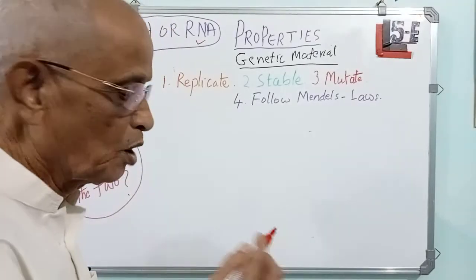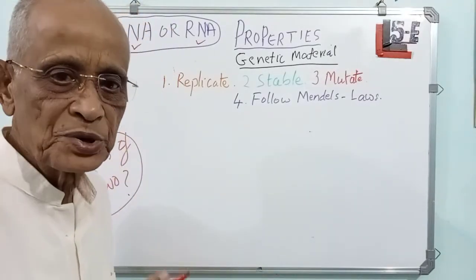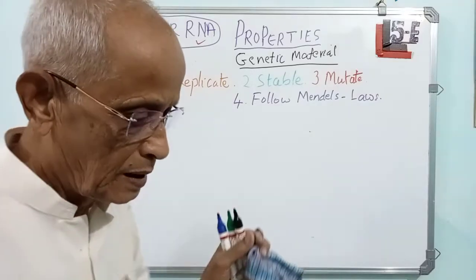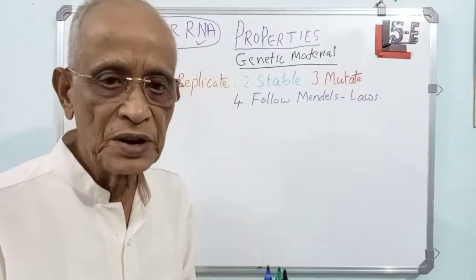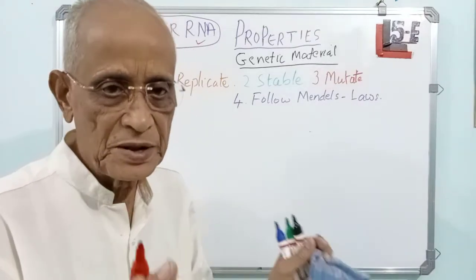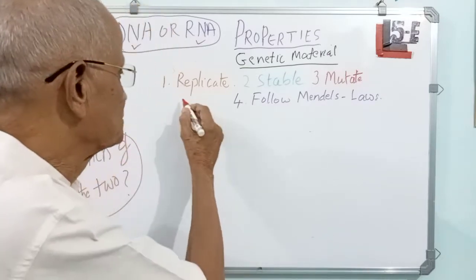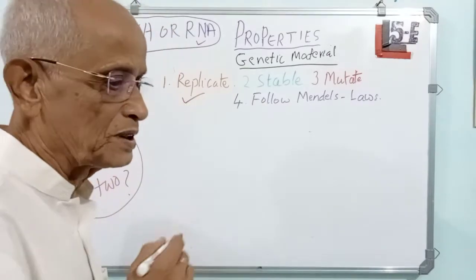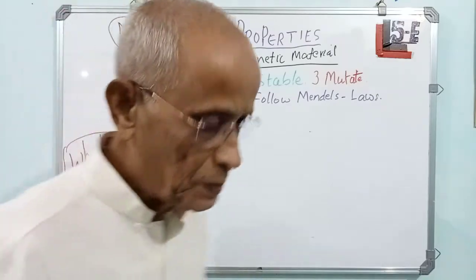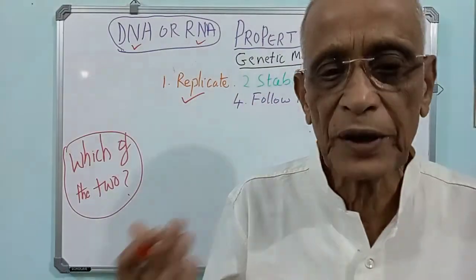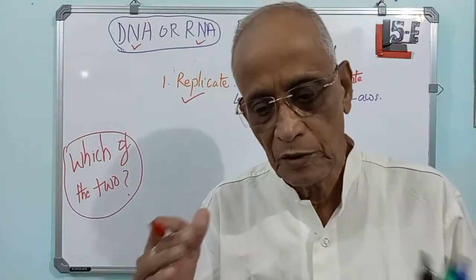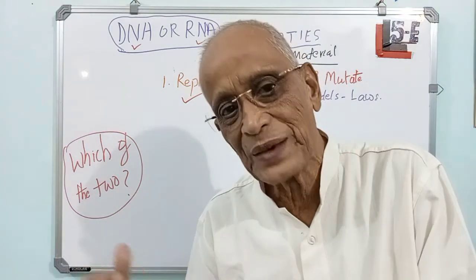Now, there are at least four important properties that have been considered very important for the genetic material. One of them is the property of replication. Replication refers to the duplication of the material which has to be passed on to the next generation.